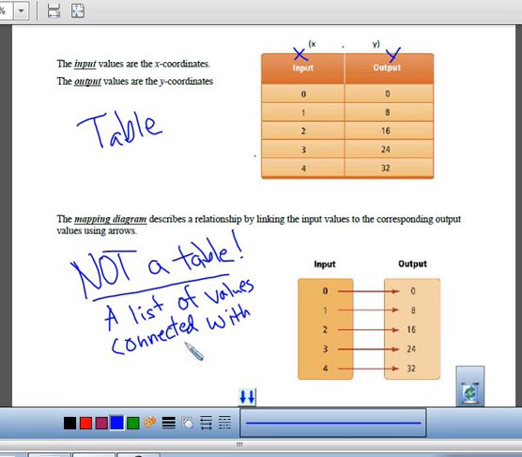And this is one of the tools used to help identify if something is a function. So a mapping diagram describes a relationship by linking the input values with the corresponding output values using arrows. So whenever I ask you what do we use in our mapping diagrams to help connect the values, I expect you to say arrows. Alright? Okay, so far so good.